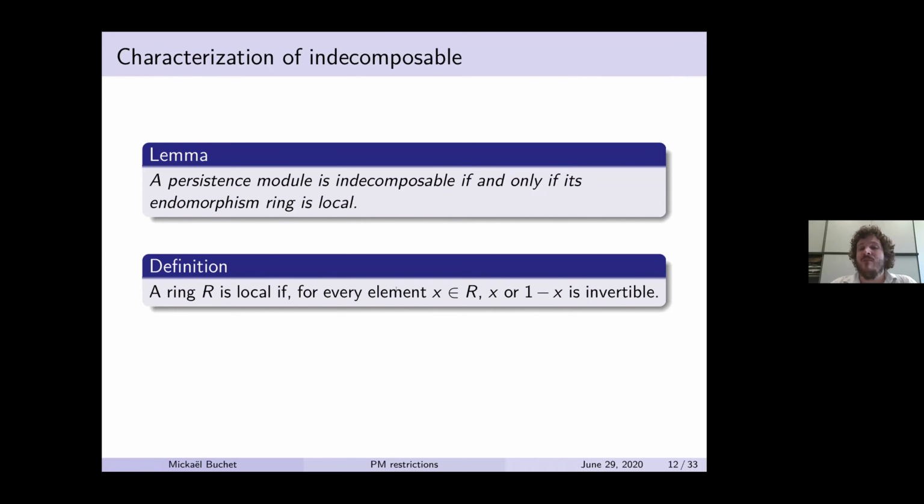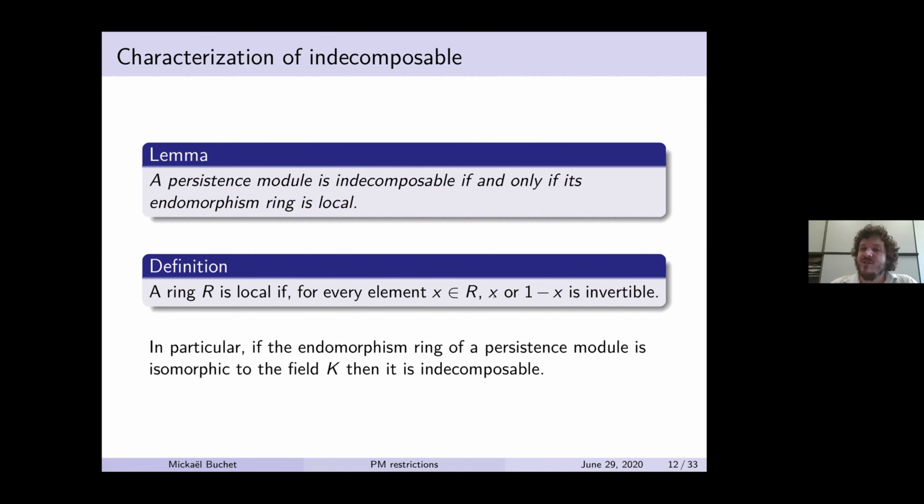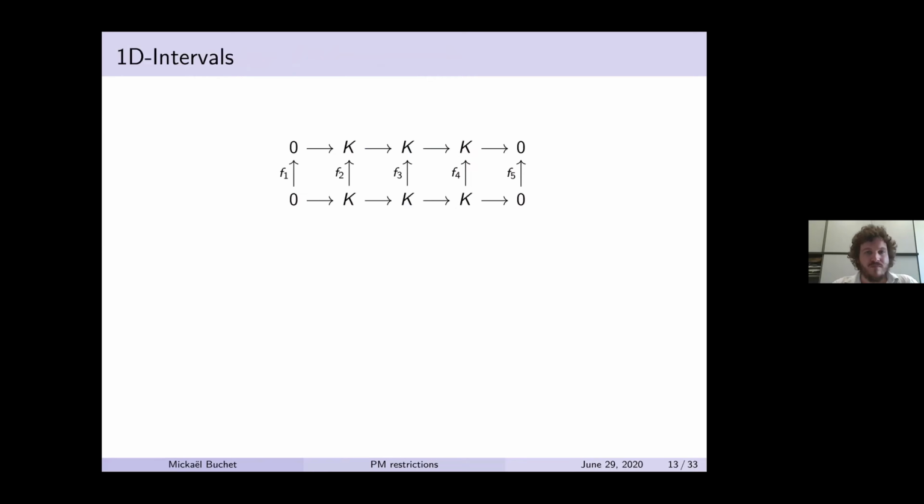It's just that for every element of this ring, either it is invertible or 1 minus this element is invertible. Fortunately, you can forget everything about it and just look at one consequence: if the endomorphism ring of a persistence module is isomorphic to the field K I'm working with, then it is indecomposable. And I will only use this property to prove that my constructions are indecomposable.